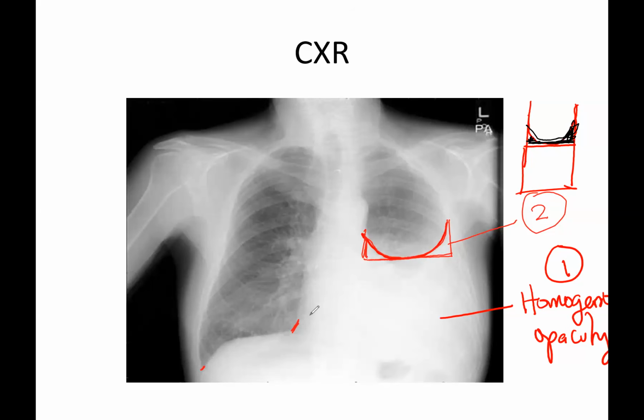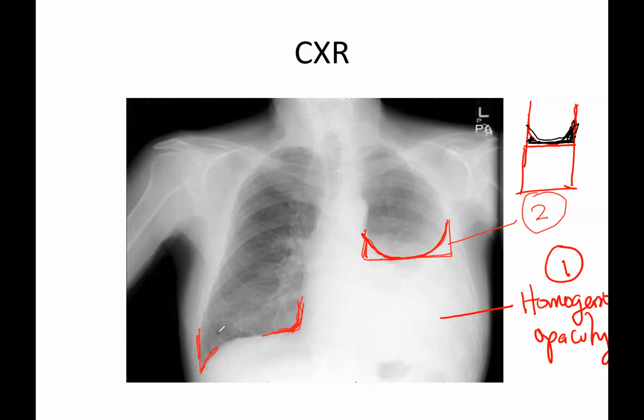Costophrenic angle is the angle between the ribs and the diaphragm. Now, you can see here there is no fluid.